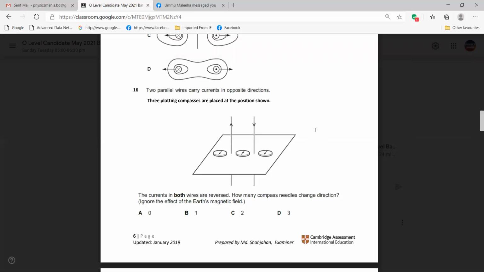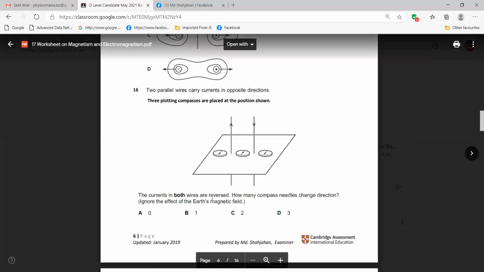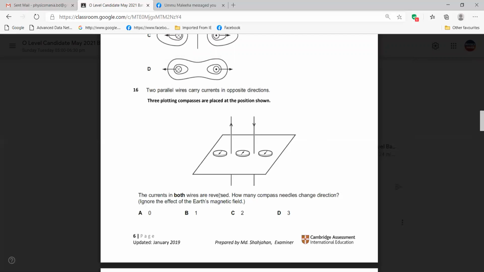Yes, I drew the circles also. Did you see it? The currents in both wires reversed. So if you reverse the current, then what will be the direction of the field lines? Will it be the same or opposite?